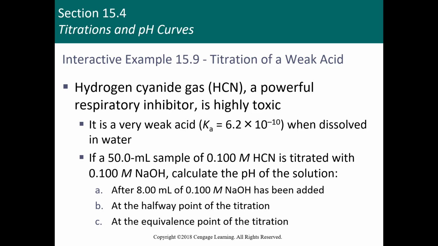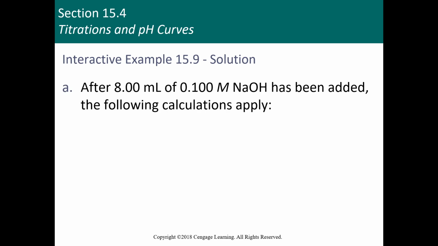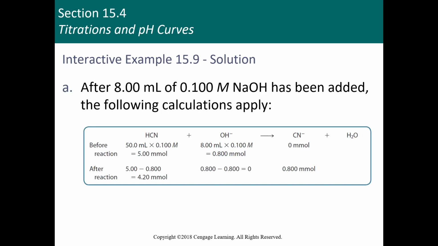All right, so part A, where we have 8 milliliters of the 0.1 molarity NaOH being added. We start off with 5 millimoles, which is the 50 milliliters times 0.1 molarity of the HCN in solution. This is going to be reacted away by 0.8 millimoles of the OH-, which is the 8 milliliters times the 0.1 molarity of NaOH. Why did I call that OH-?